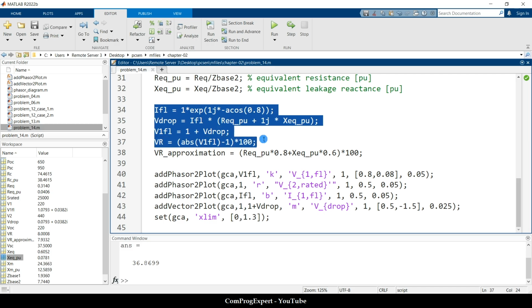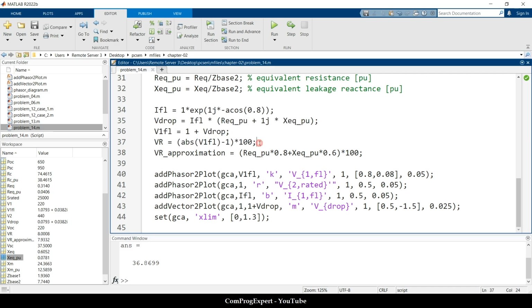Yes, the second method that we discussed. This is the value of the current, 1 per unit. So this is the full load current in per unit format. This is the value of the voltage drop. This is in per unit.